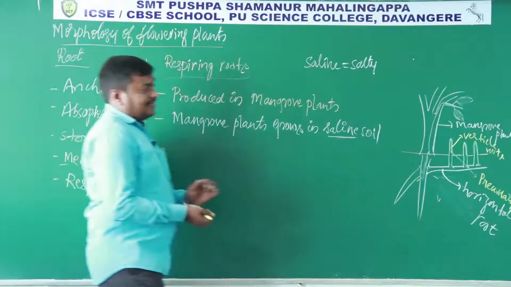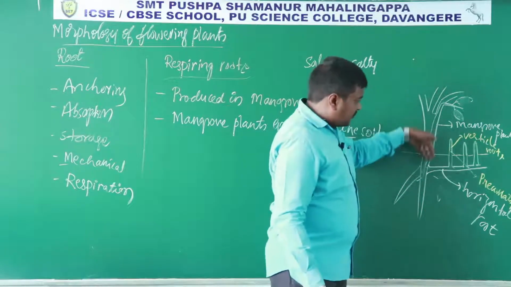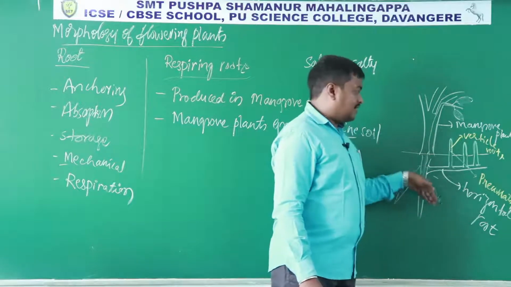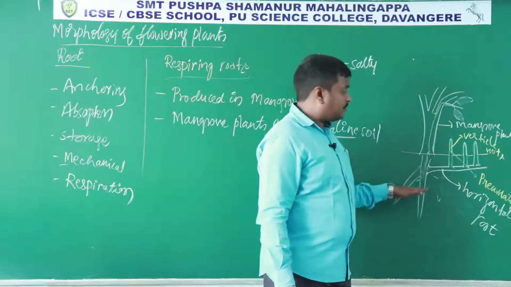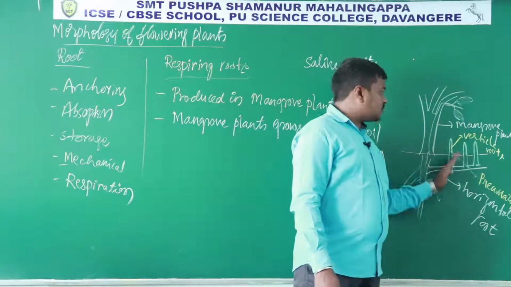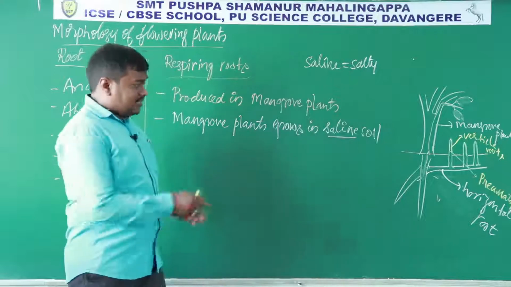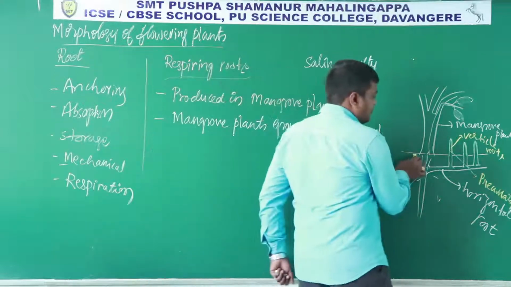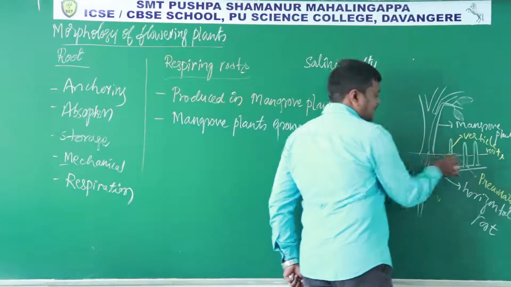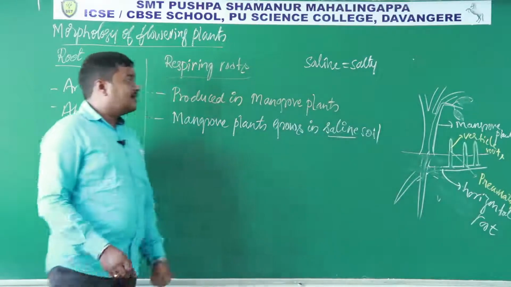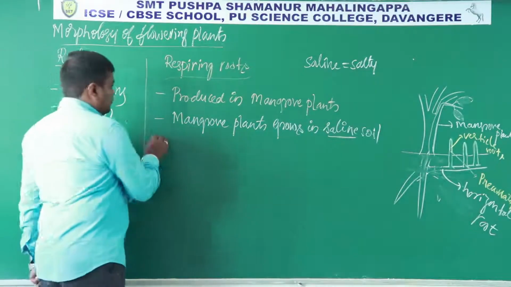So normal roots are also there which grow towards the soil, the earth. They are positively geotropic, but a few roots grow away from the soil. They come out of the soil. Since the whole water and soil consist of saline, salt ಜಾಸ್ತಿ ಇರುತ್ತೆ.